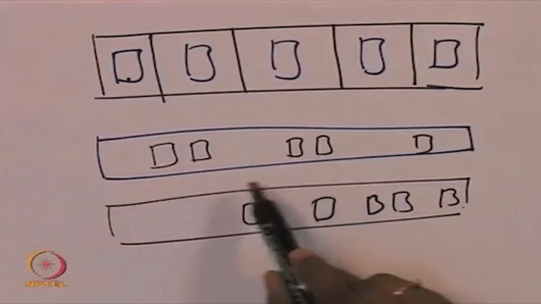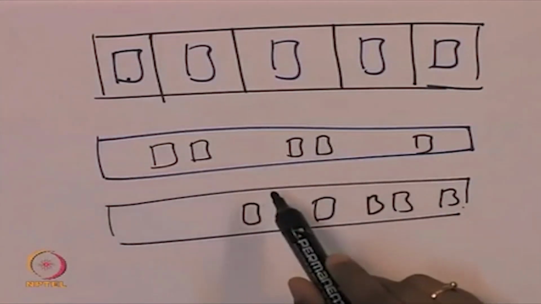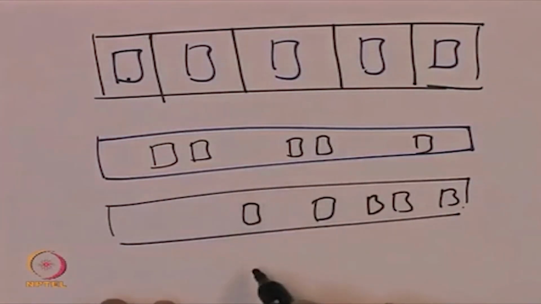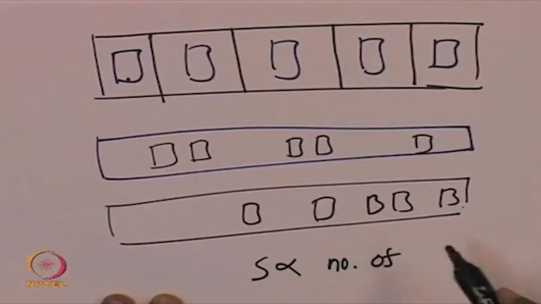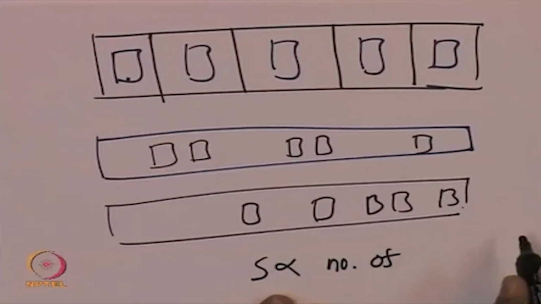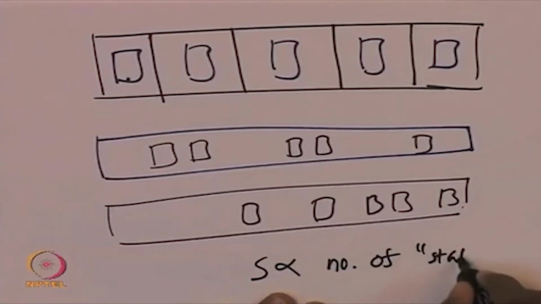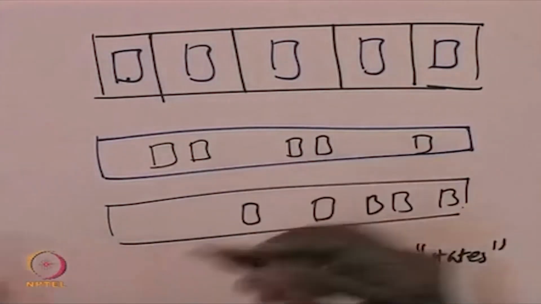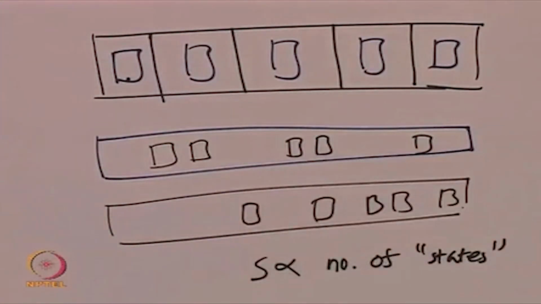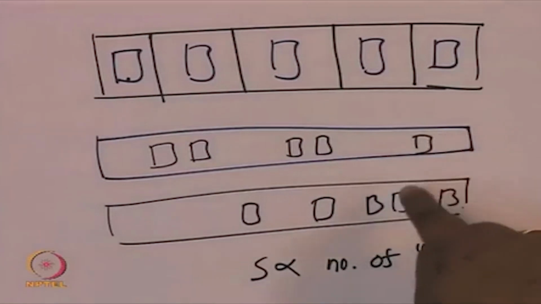So, there are too many possibilities. Entropy is proportional to the number of arrangements, the number of states. This is one state, this is another state. You can think of all states, and the more positions for each car, the more states. So, there is a large number of states you can think of.